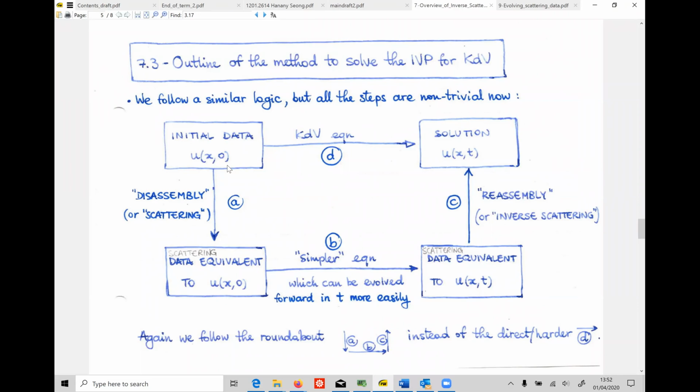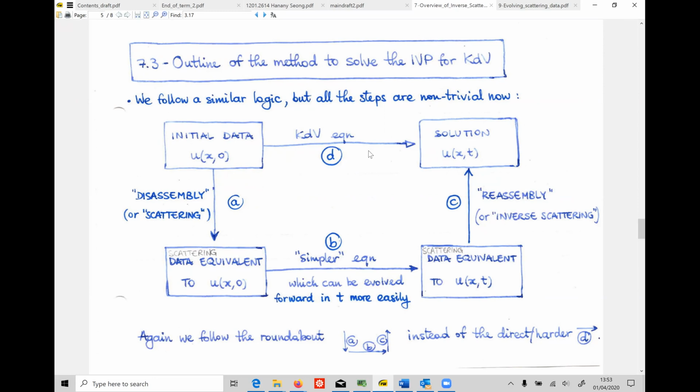The initial value problem is to determine the solution u of x and t at later times, given the initial data. Because the KdV equation is nonlinear, it is hard to solve this initial value problem directly. So what we do instead is take a roundabout route, which, however, allows us to split the problem into three simpler and solvable problems.